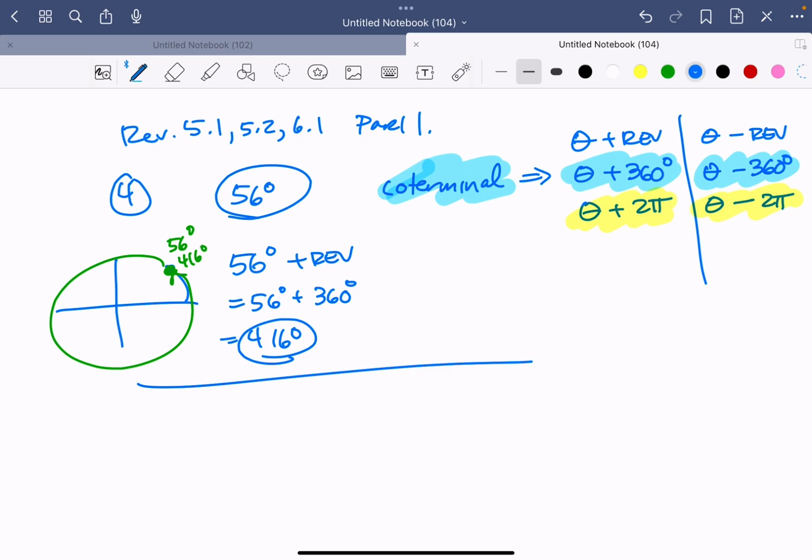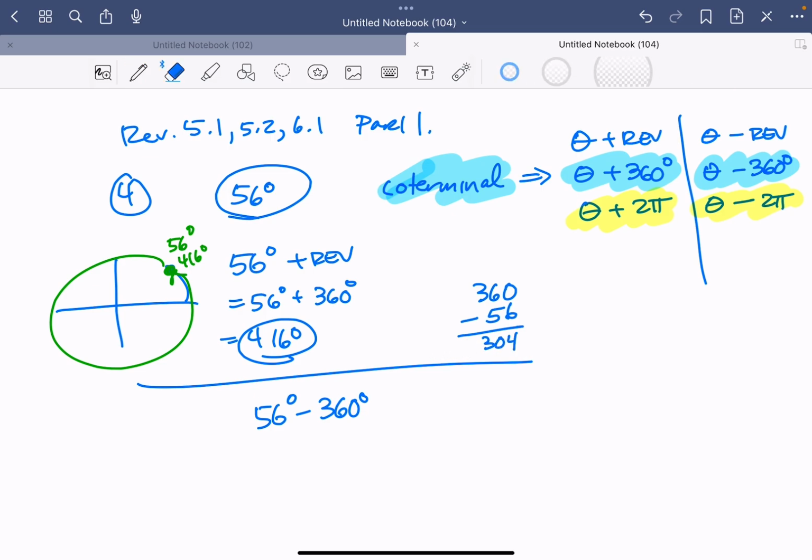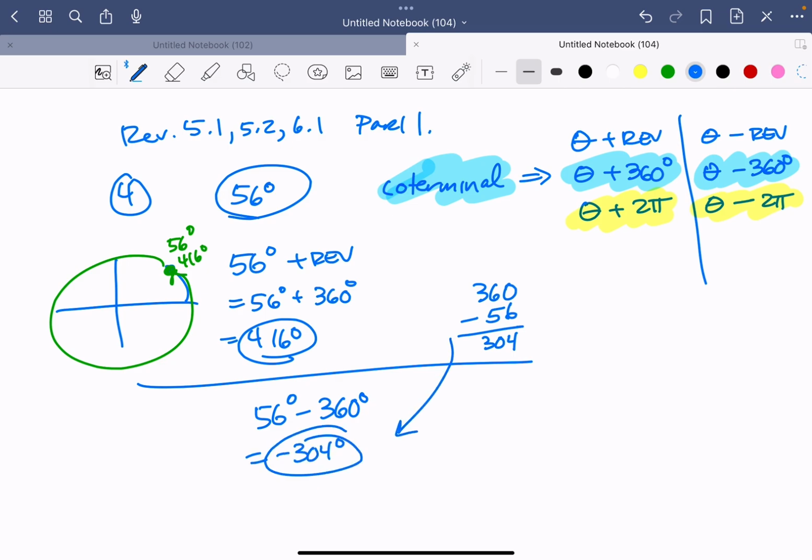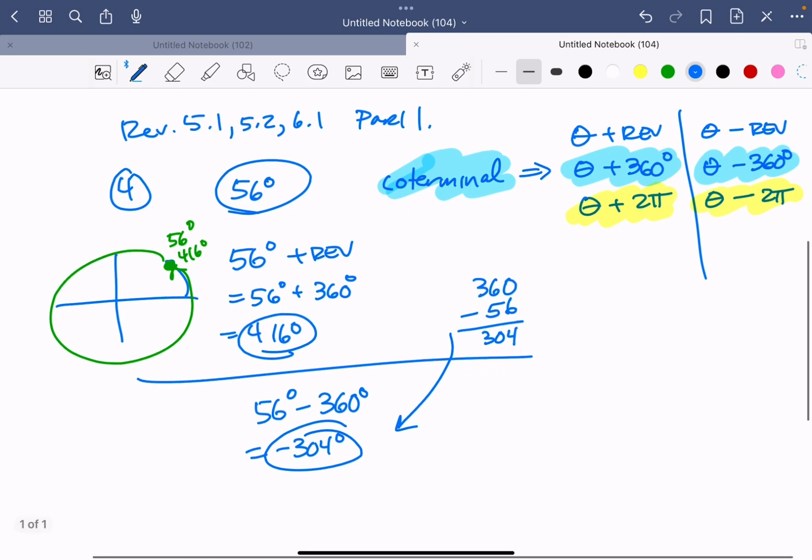If I subtract a revolution, I'm going to take 56 minus 360, which is going to end up giving you negative 304, right? So down here it's going to be negative 304 degrees. So there's 2 coterminal angles with 56.